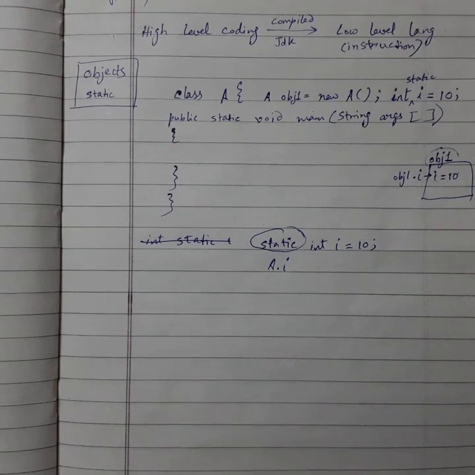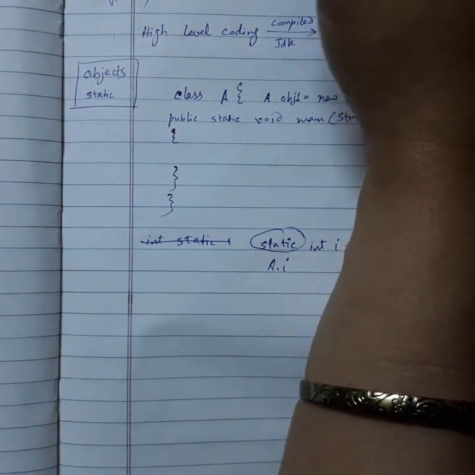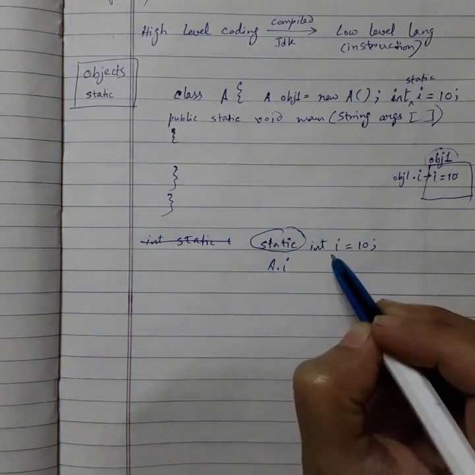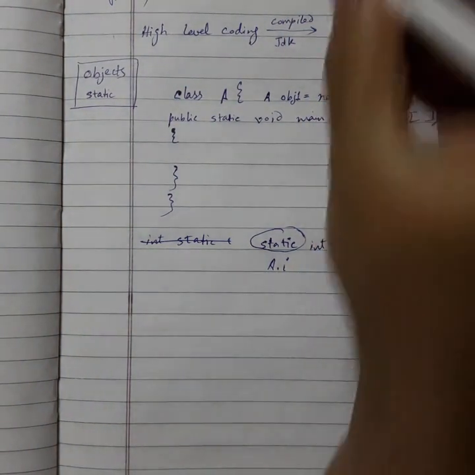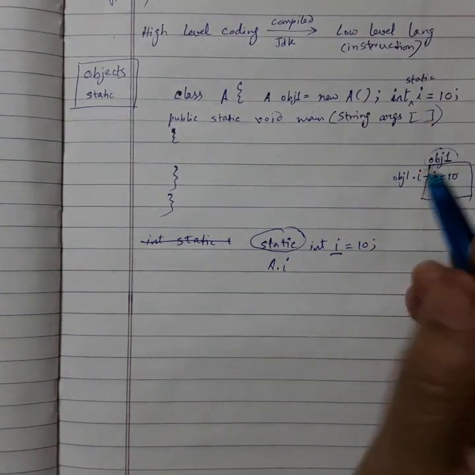Okay, so this is static. Here this is a static variable, this is a static method. What is the meaning of a variable?